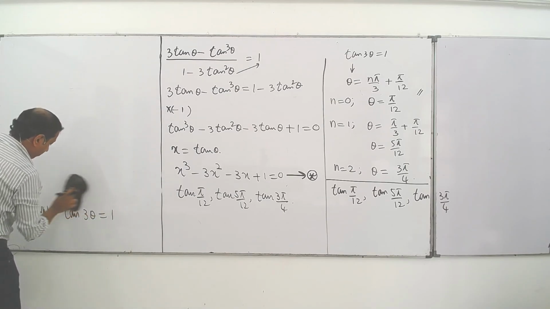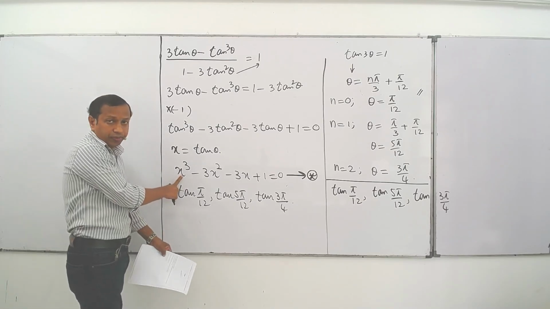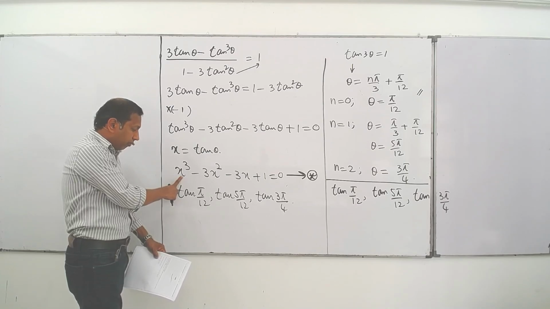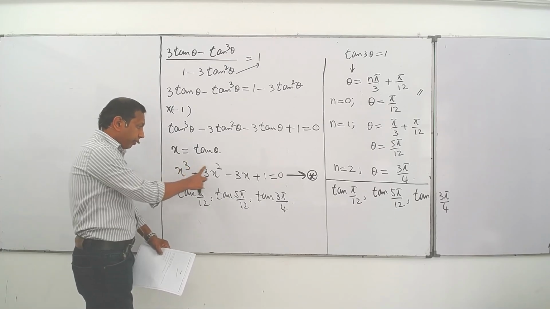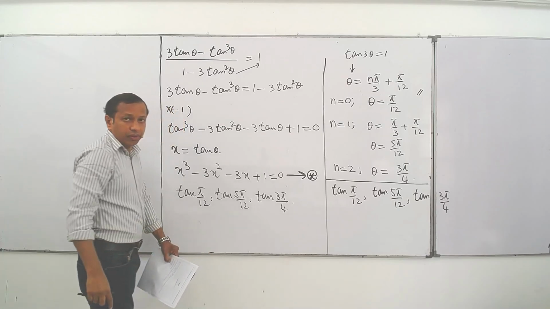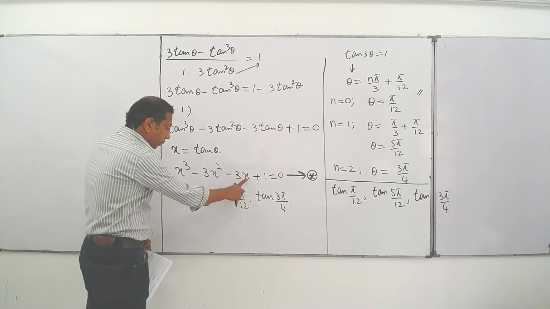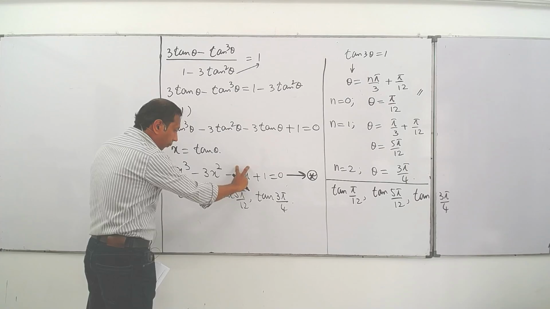How to factorize this? Yes, you know, when I put x equals minus 1, what will happen? Minus 1 to the power 3 is minus 1. That minus 1 and this plus 1 we can cancel. When I put minus 1 here, minus 3, minus 1 plus 3.